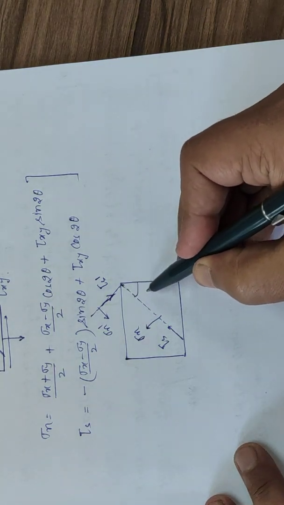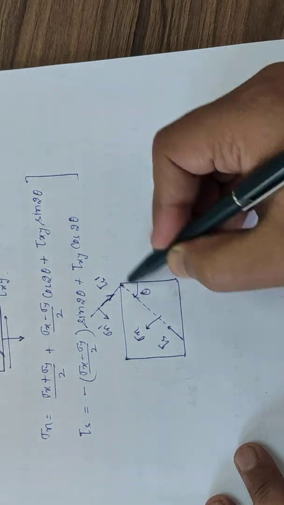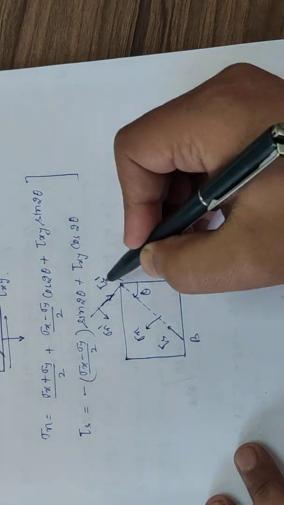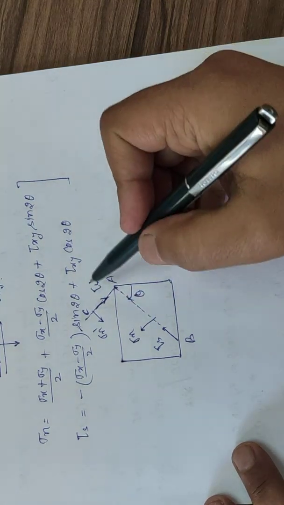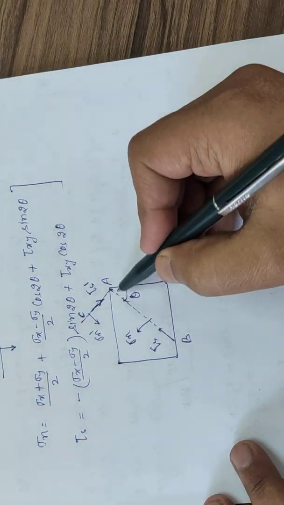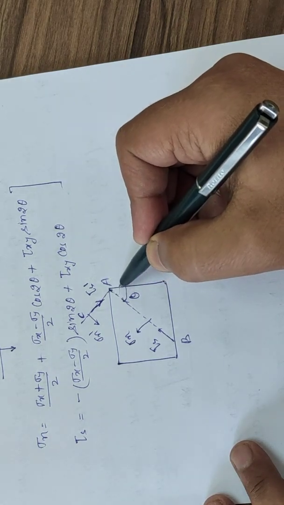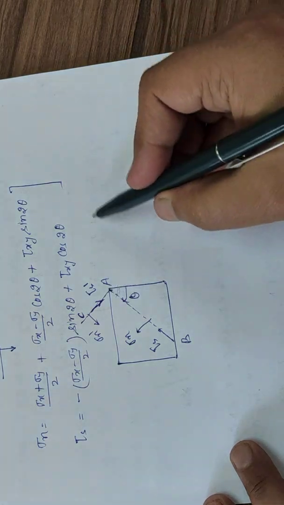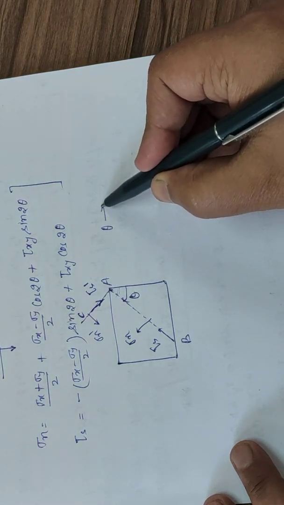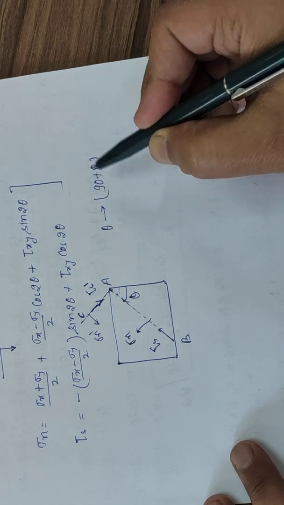Let us say this plane is AB and this plane is AC. The location of the AB plane is angle theta, and the location of the AC plane is theta plus 90, or we can say 90 plus theta.